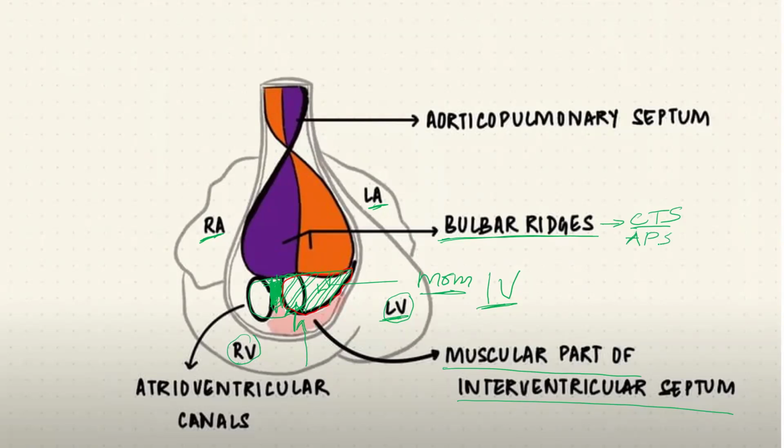As the name suggests, the septum between the aorta and the pulmonary trunk. So that is how interventricular septation occurs. Let us finally discuss the aorticopulmonary septation.